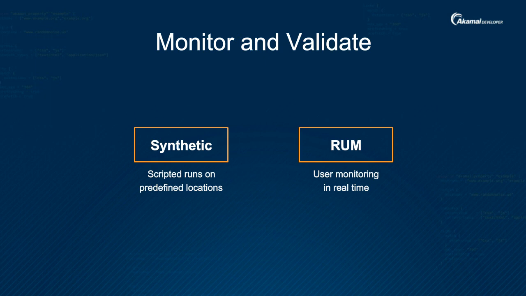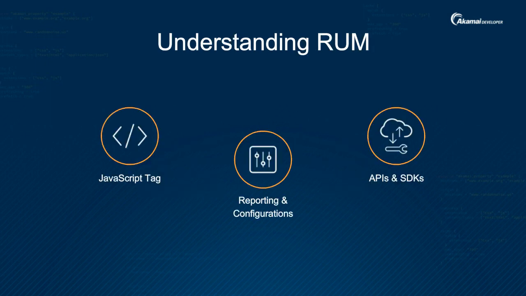Whereas RUM is really just keeping your finger on the heartbeat of all your users all over the world and how they're interacting with your site right now. RUM is also, once again, to emphasize, not limited by location, and that's an important qualification to make.